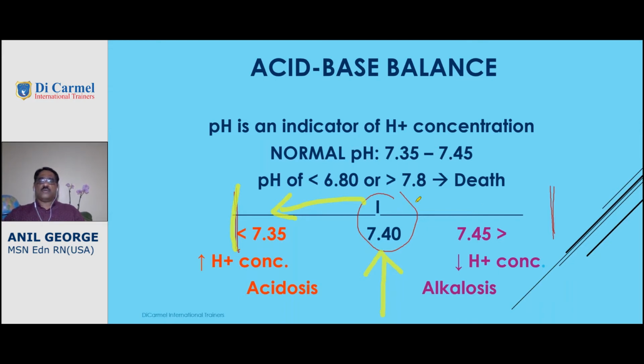And the same when it goes up, to 7.45. Even though it is normal, it is leaning towards the alkalotic side. Okay. So that's what you see: acidosis to the left and alkalosis to the right.